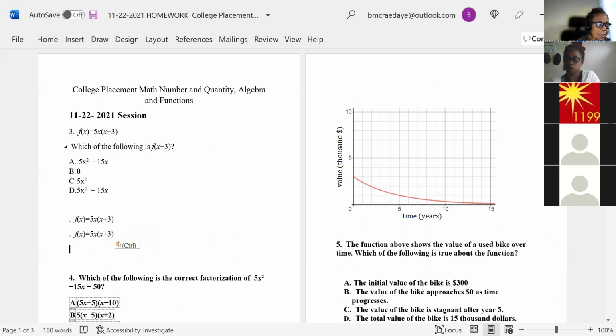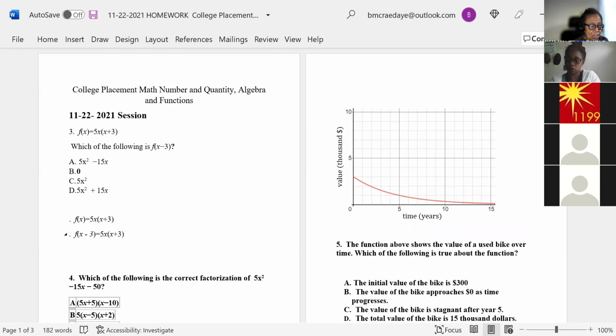See, when we say which of the following is f of x minus 3, that means wherever we have an x, we want to put x minus 3. That's the input. Instead of f of x, this will be f of x minus 3.